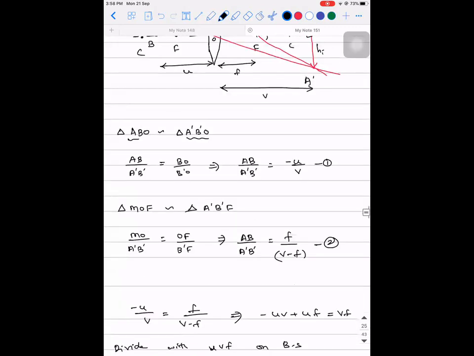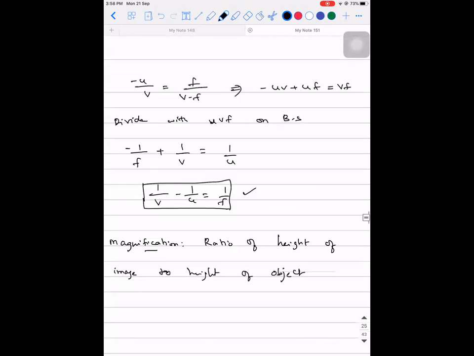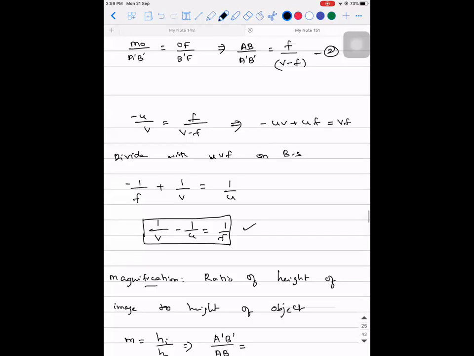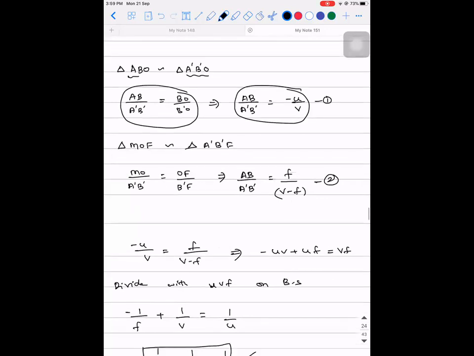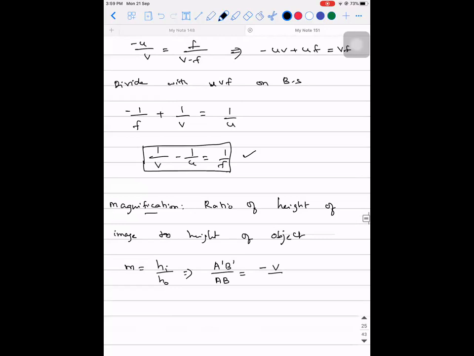So what is the height of the image? A dash B dash. So magnification is A dash B dash divided by AB. Observe this expression: A dash B dash divided by AB, what do I write? We can write it as minus V by U.